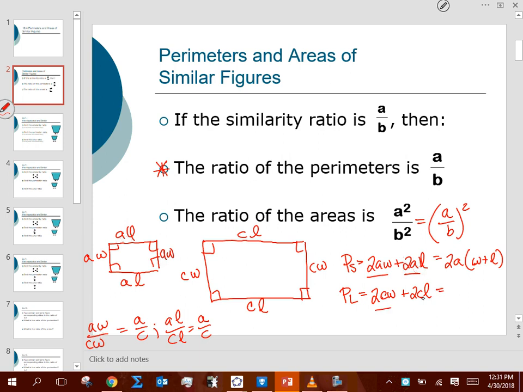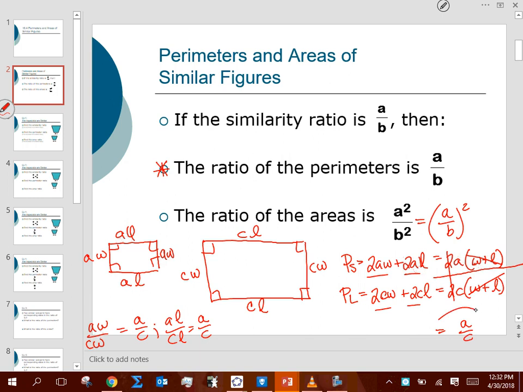What do these two terms have in common? 2C, right? Take out 2C and you're left with W plus L. Okay? If I compare the perimeters through division, what happens with the 2's right here? Cancel out, don't they? What happens with the W plus L's? Cancel out, don't they? What are you only left with?